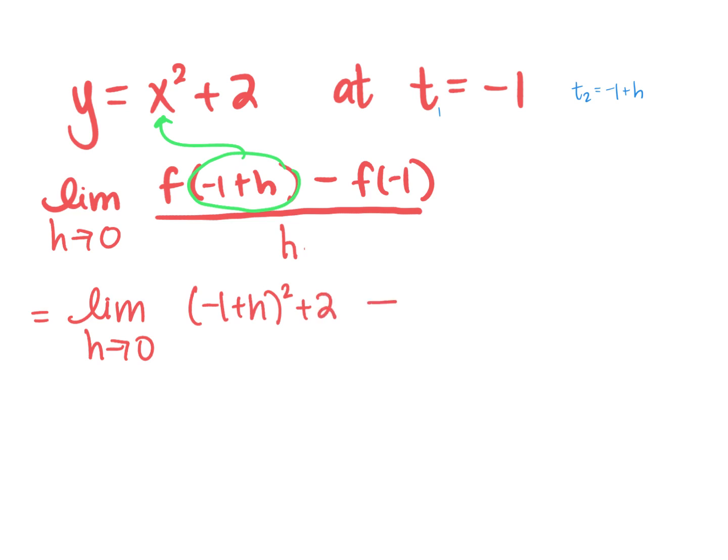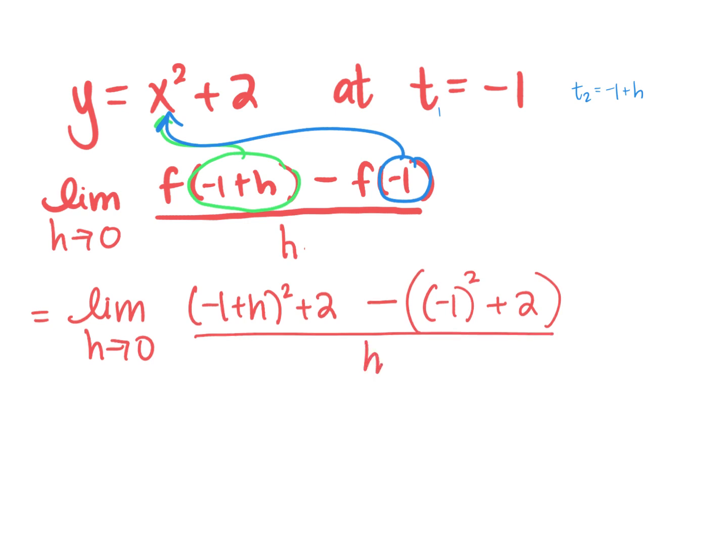Minus, I take -1 in parentheses and I plug it into the equation. So that's going to give me -1 parentheses squared plus 2. But I'm subtracting that whole group, so I put an extra set of parentheses around that set. That whole second half is getting subtracted, all over the denominator, which is just h.